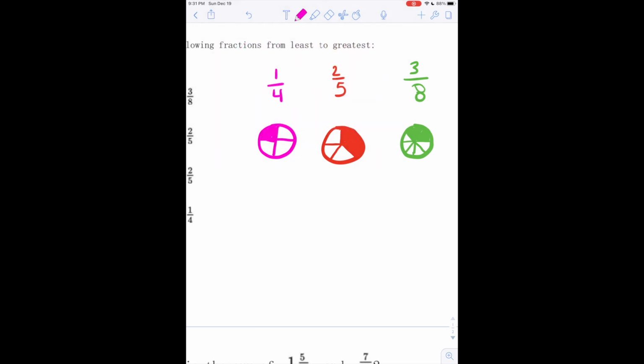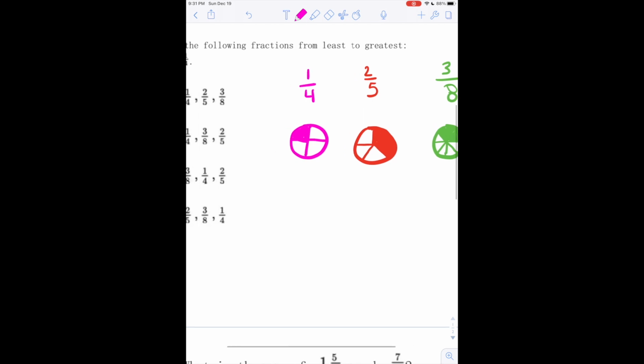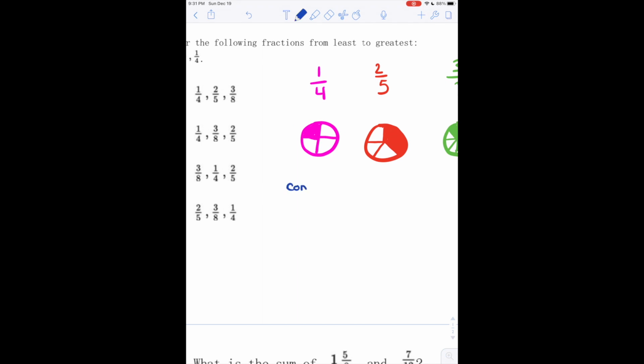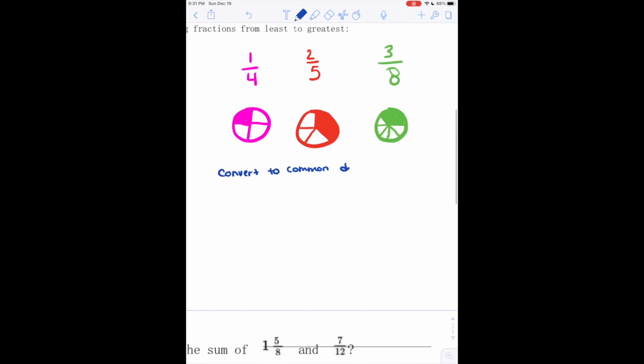However, we can sort of see that the 3/8 and the 1/4 are pretty close. So let's take a dive a little bit deeper. So the first thing that we're going to do is convert all of these fractions to a common denominator. And then it will be much easier to see what is the largest and the smallest.